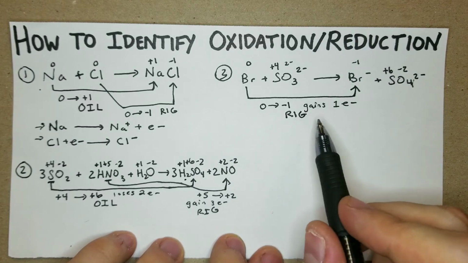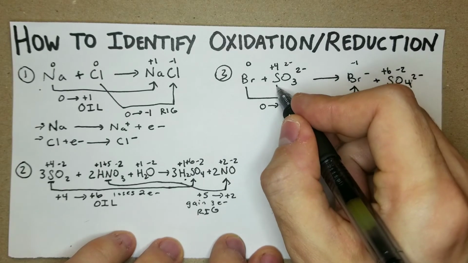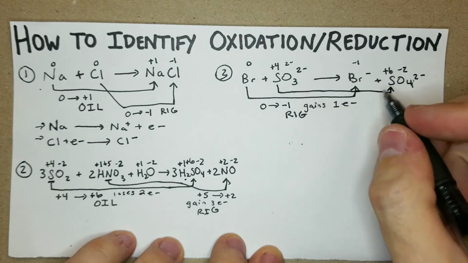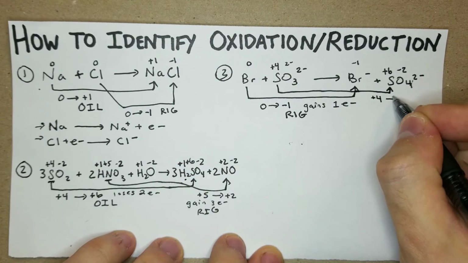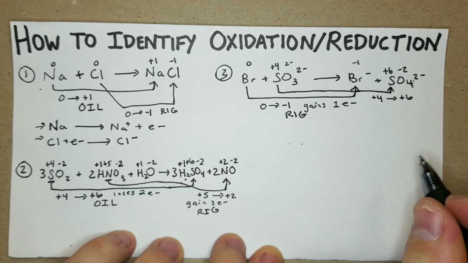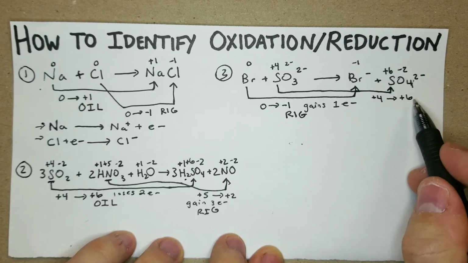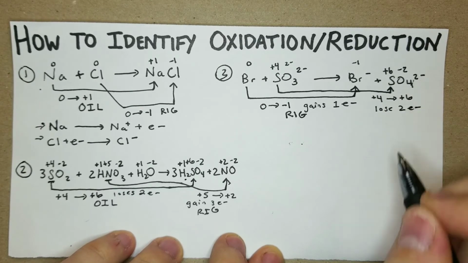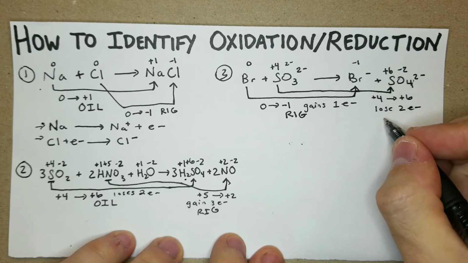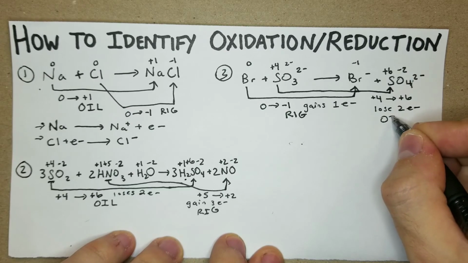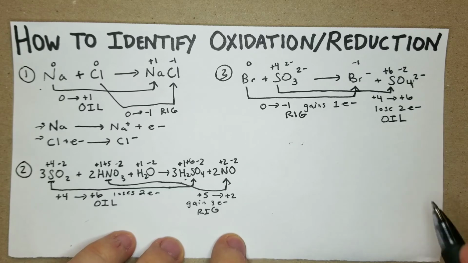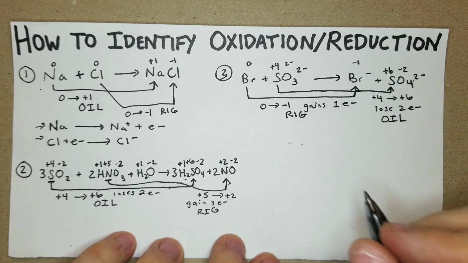Now, for the sulfur there, we're going to go from a +4 to a +6. So in this case, the charge increases. We lose 2 electrons for that sulfur, which means oil. Oxidation is losing. So that one's pretty straightforward.